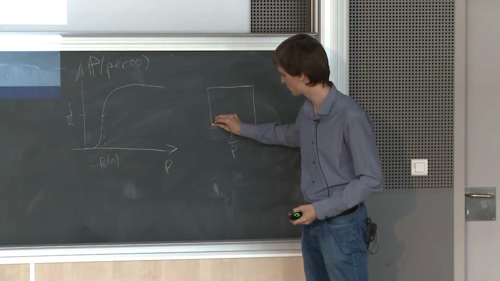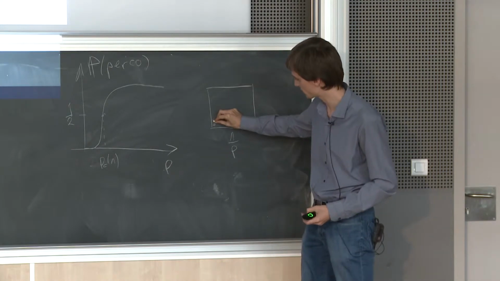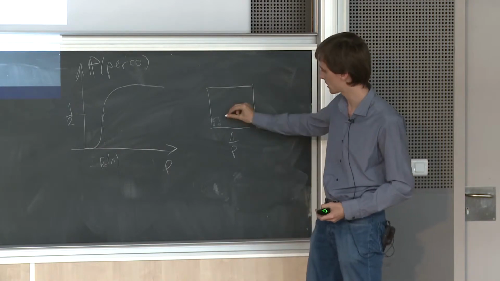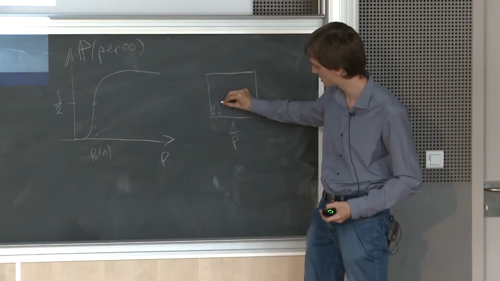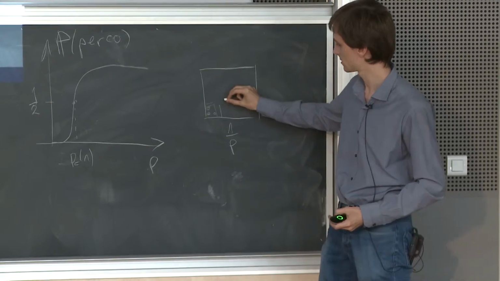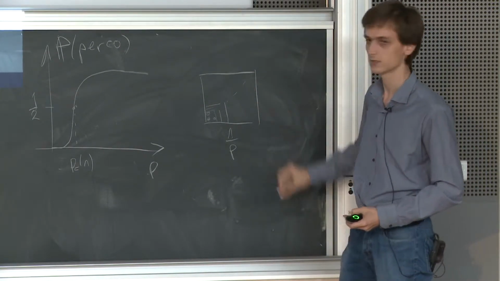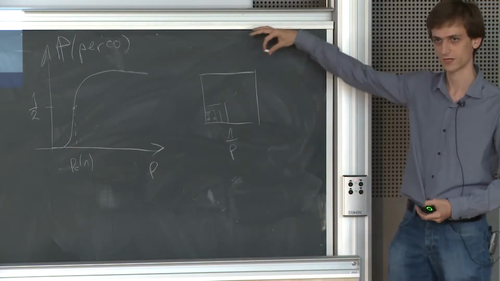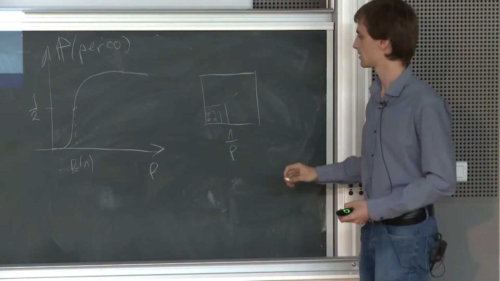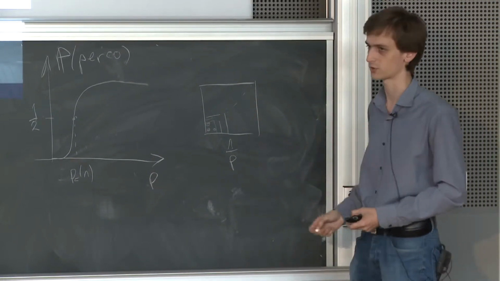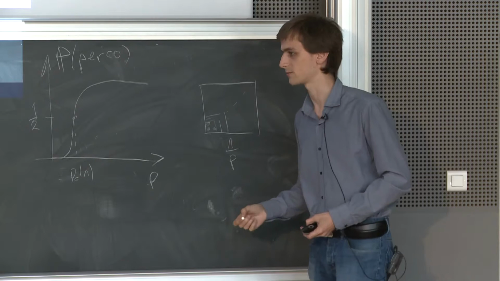I want to have an infection here, then an infection here and here. This allows me to infect this. Then I want to have an infection on this line and on this column, then on this line and this column, and so on. And this allows me to infect everything. You can calculate the probability of this, and it's roughly exponential minus 1 over p.